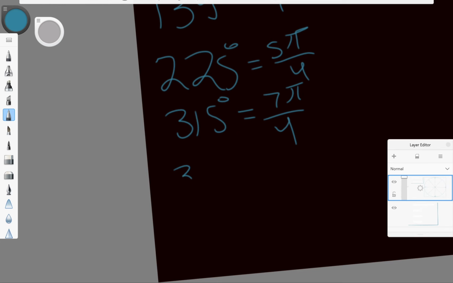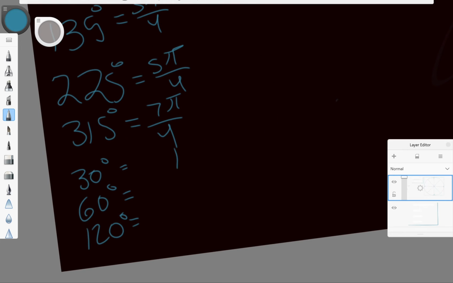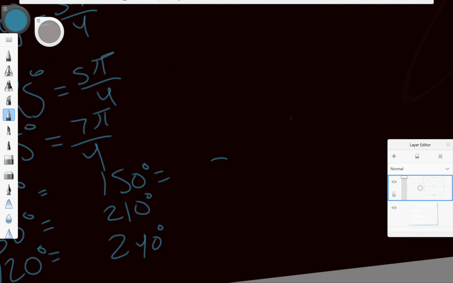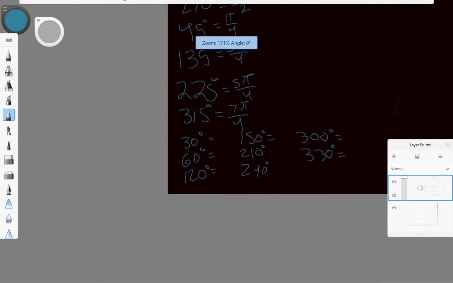Let's get that away. 30 degrees. 60 degrees. 120 degrees. 150 degrees. 210 degrees. 240, we're almost there. 300 degrees. And 330 degrees. And there's a pattern, so we can fill all these in after just 2.